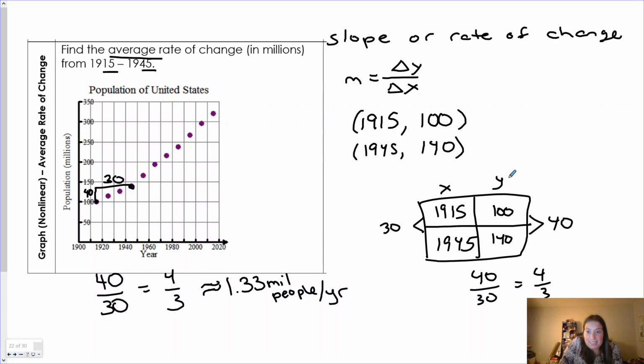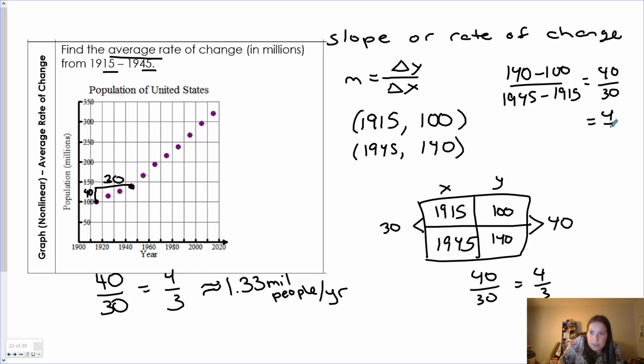But otherwise, you can also use the formula, 140 minus 100 divided by 1945 minus 1915, is still 40 over 30, or 4/3. Any way you slice it, when you find slope from graphs, you can do one of 3 ways. Once you have 2 points, you are set.